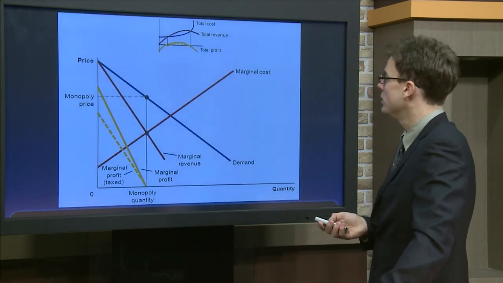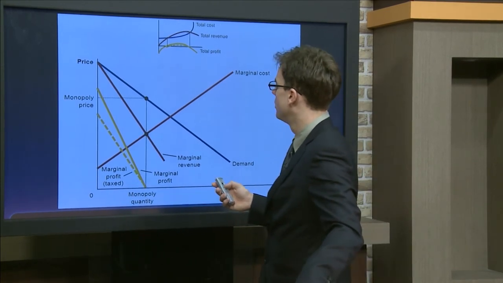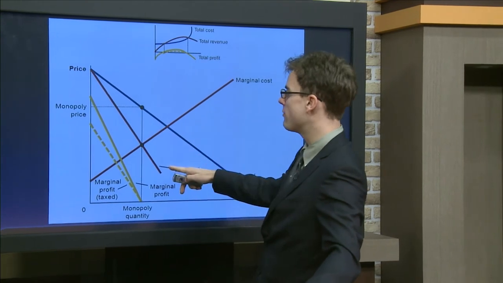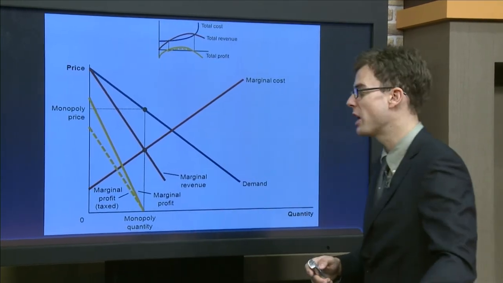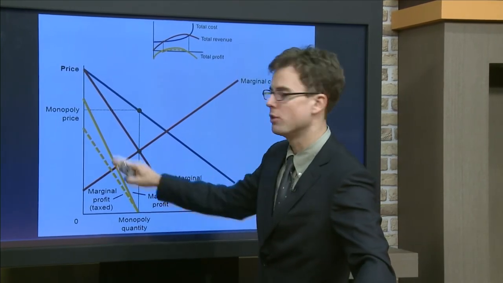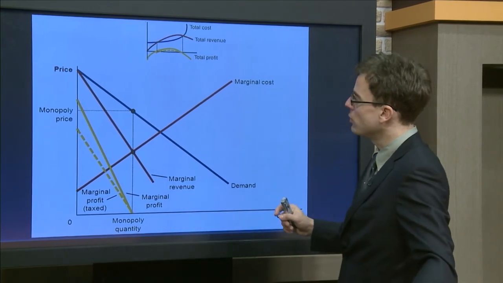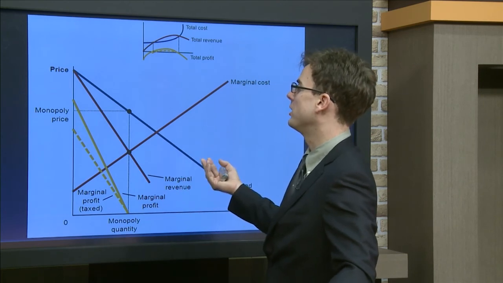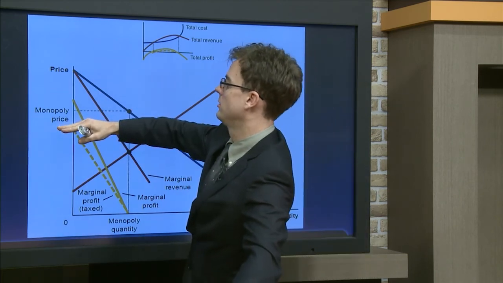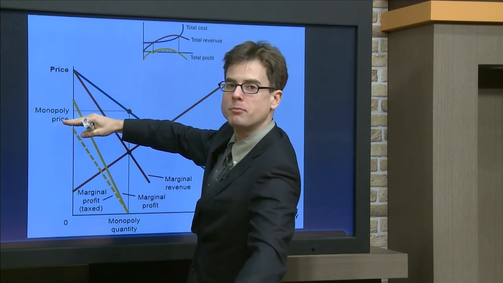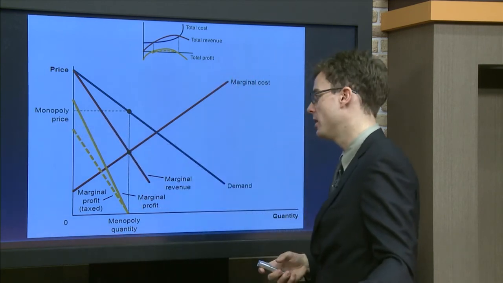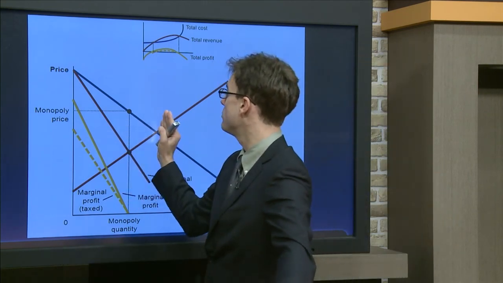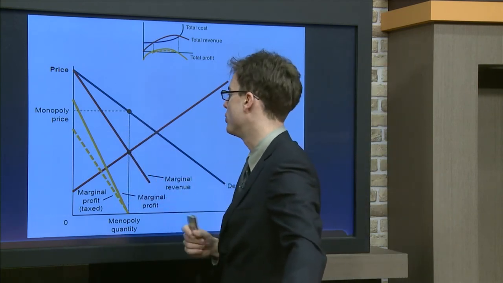Okay, so looking at the demand curve, marginal revenue curve, and the marginal cost curve of a monopolist, and for now please ignore the yellow lines, I want you to think that one way to regulate the monopolist would be to set a price cap or a price ceiling that the monopolist can charge, or to regulate the minimum output level that the monopolist can produce.